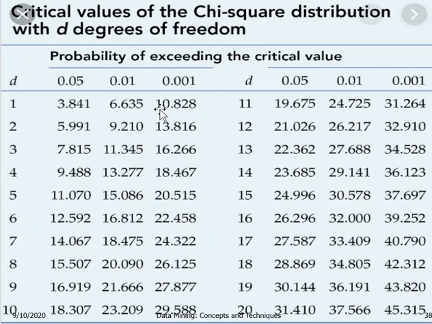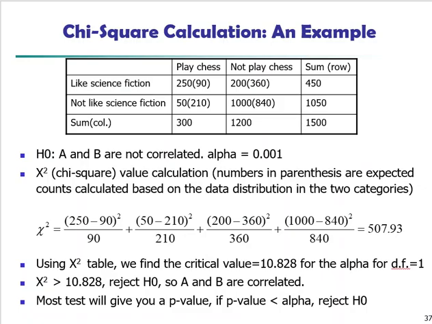Any value greater than 10.8 suggests the variables are correlated. So using the critical value is one way to tell whether the two categorical variables are correlated. If they are highly correlated, then we don't need both variables in the data set. We can remove any one of the two.